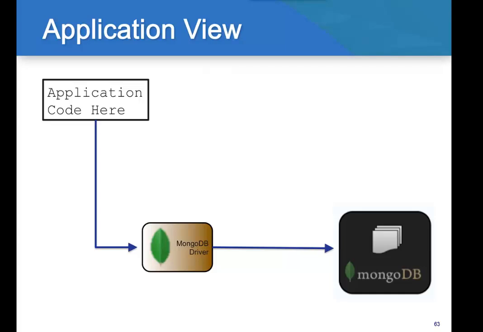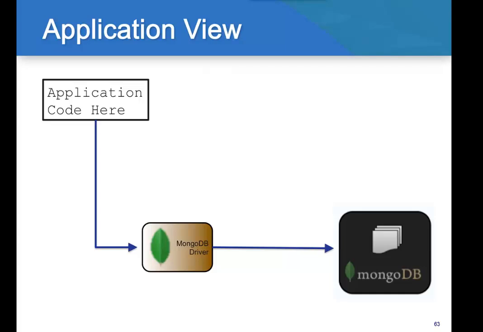If you're connecting to a single node, again, you'll go through the MongoDB driver and you'll specify the host name and the port of that single MongoDB node, and the driver will make a single node connection. And your application does its queries and its inserts and its updates.